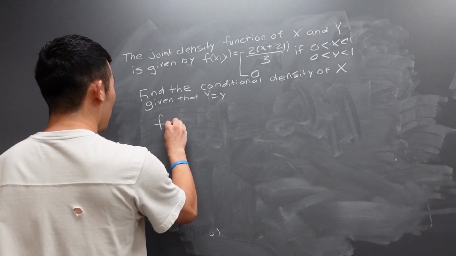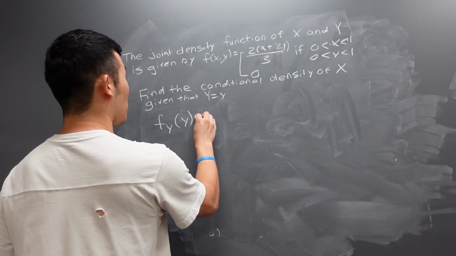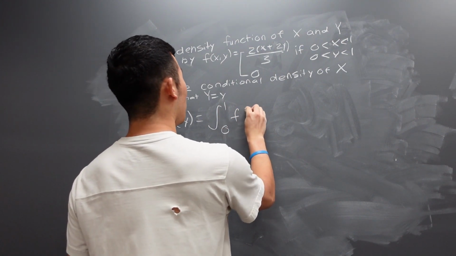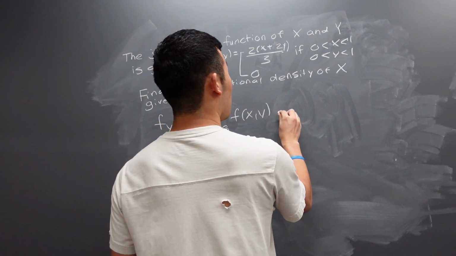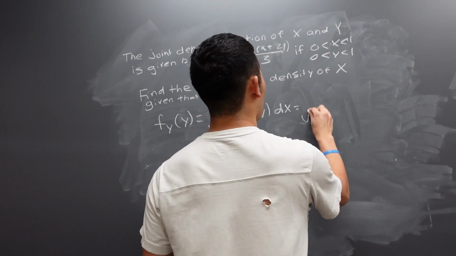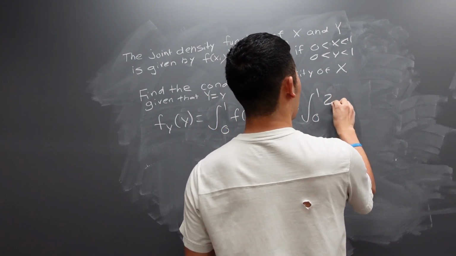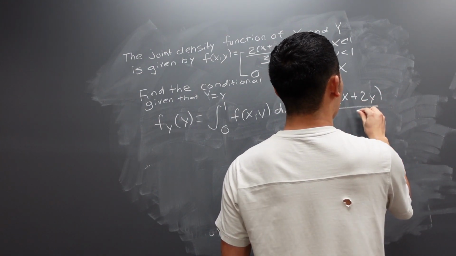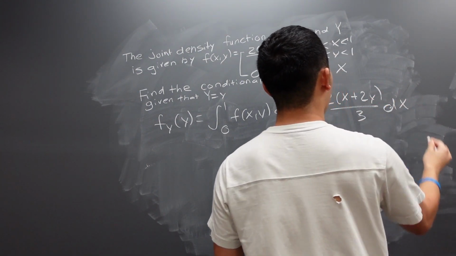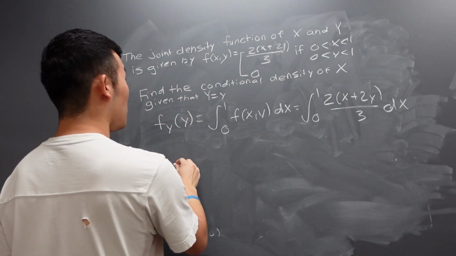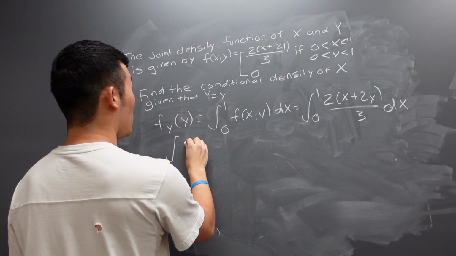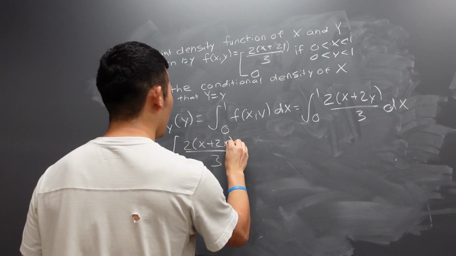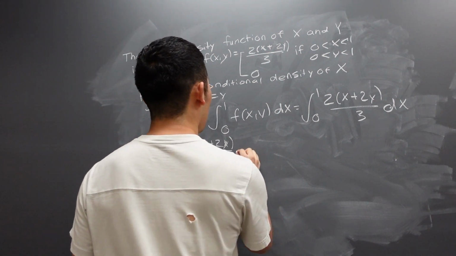So we can write this as f of y is equal to the integral from 0 to 1 of f of x,y dx, equal to the integral from 0 to 1 of 2x plus 2y over 3 dx.